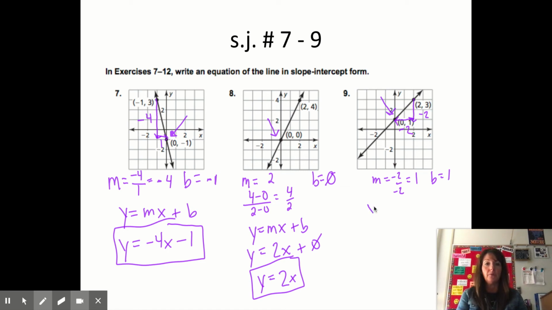So in slope-intercept form, substitute in those values. Y is equal to 1. Remember, we do not need to write a coefficient of 1, but it does not make the x disappear. Only a coefficient of 0 or a slope of 0 would make the x disappear. And then x plus 1. So y is equal to x plus 1.